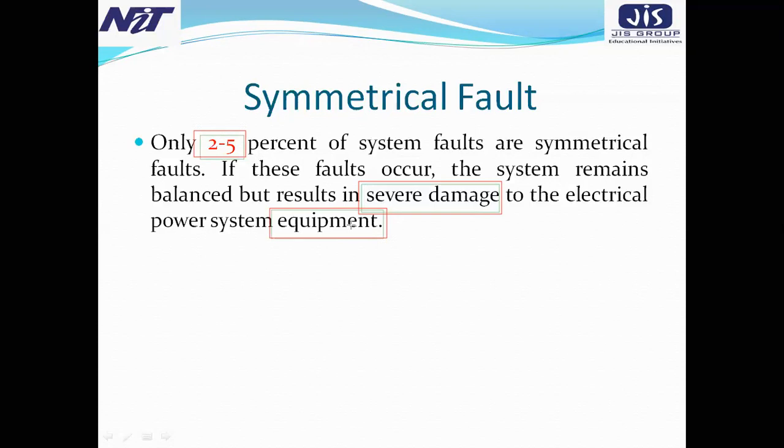So in this way, it's an overview only. There are so many things we have to calculate and understand. There are many more things in these symmetrical faults. So I will talk about this in the next lectures.